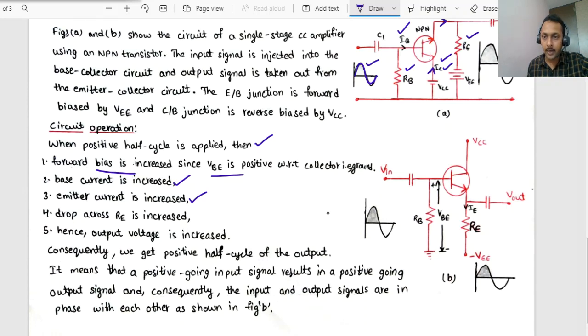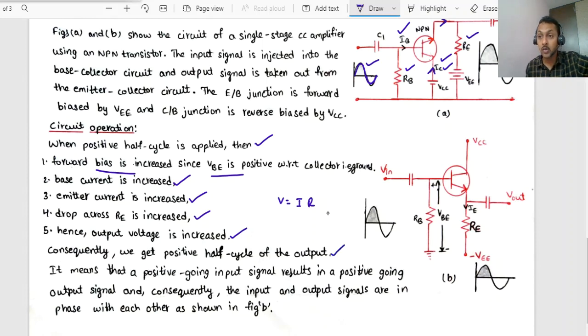Now once the emitter current increases, because the current is also flowing through the emitter resistor, V equals IR, so the voltage drop across the emitter resistor will also increase, right? Because of this, the output voltage will be increased. Consequently, you will get a positive half cycle as the output.